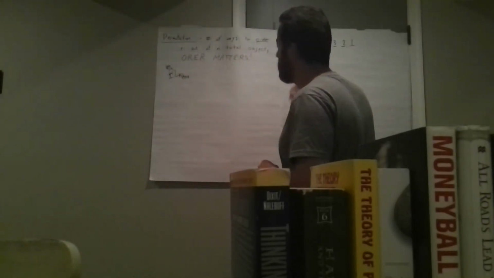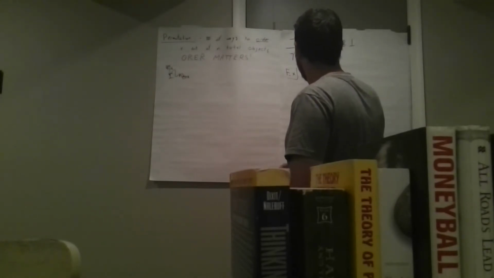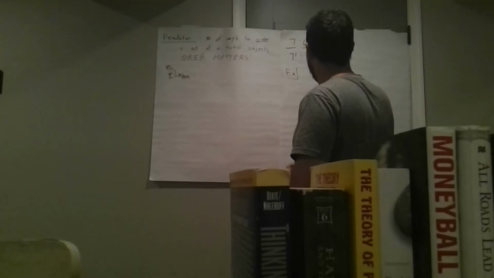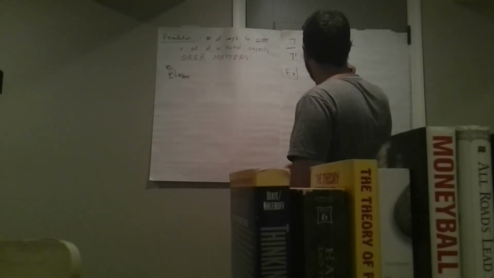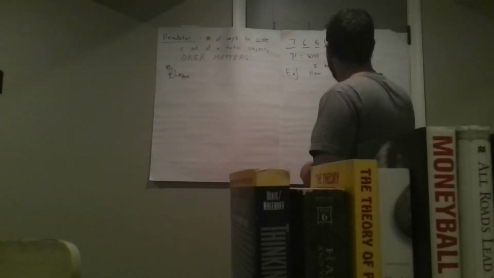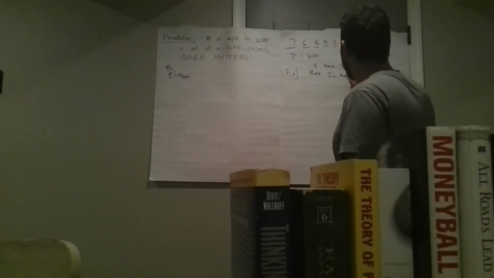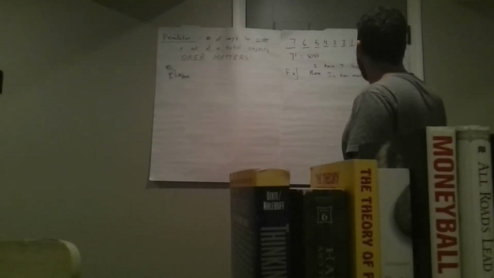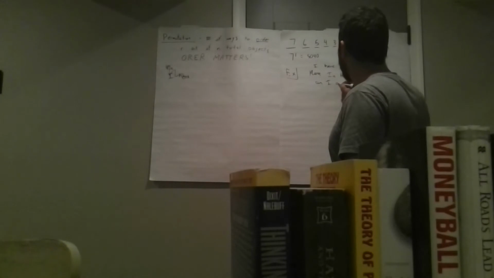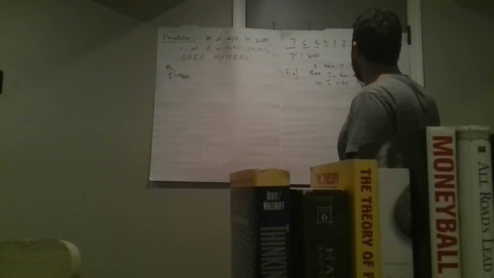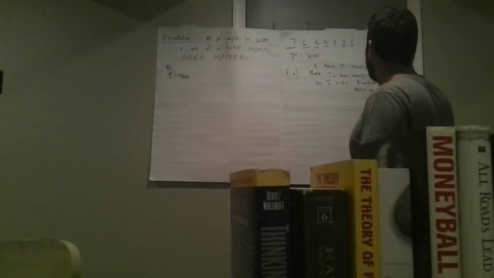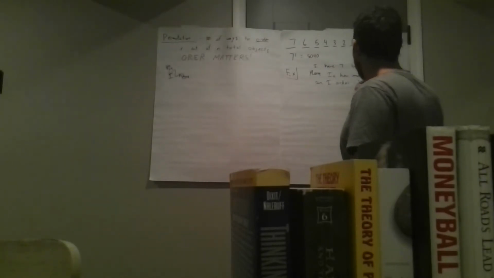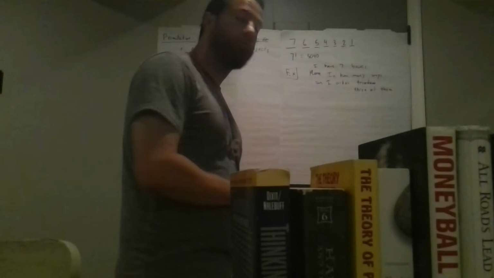For my definition of permutation, I have 7 books, and how many ways can I order 3 of these books?